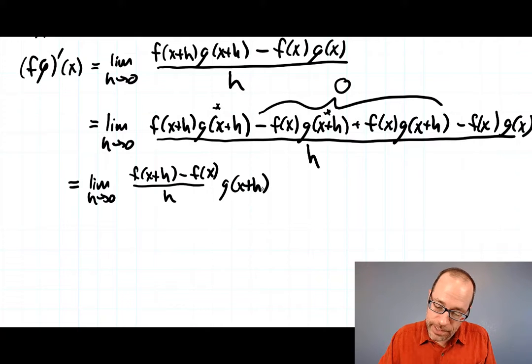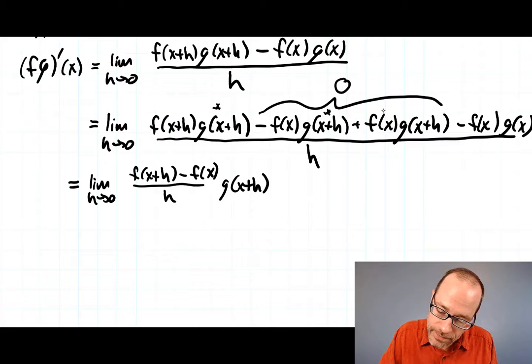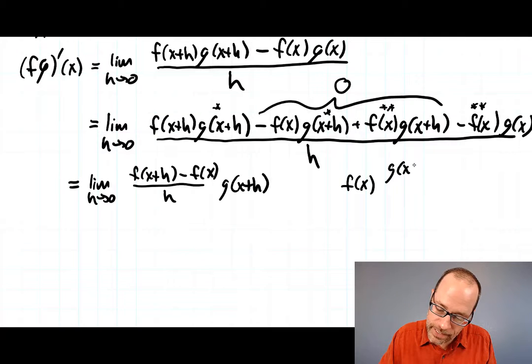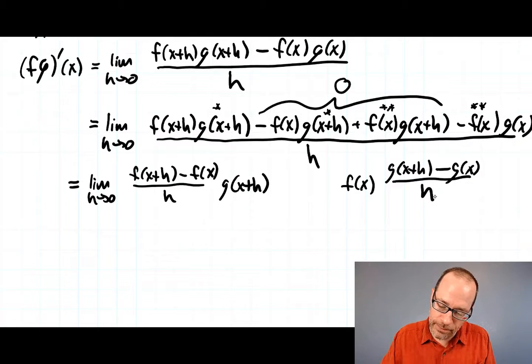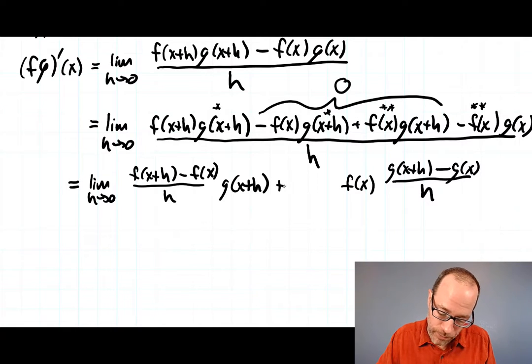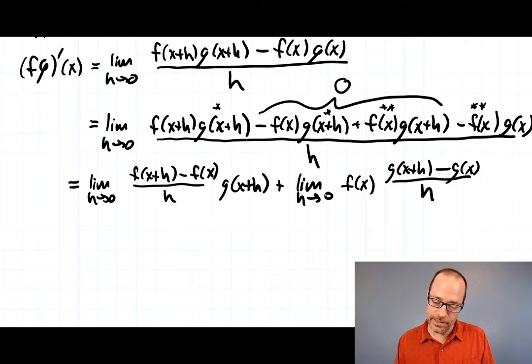And then let's split up the other two terms here, and notice these two terms match, so we can factor them out. So f of x times g of x plus h minus g of x all over h. And remember, the limit of a sum is the sum of the limits if they both exist. So let's break those up like this into two sums.